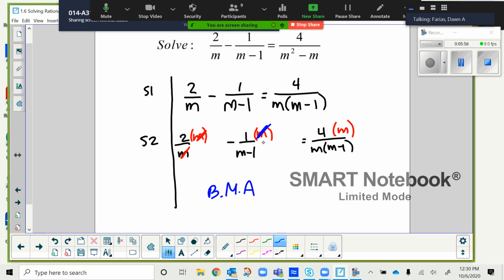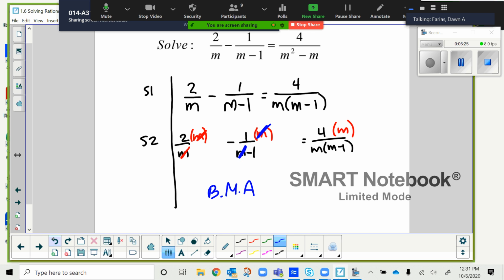This m does not cancel out this m. The reason is because you can only cancel out factors, meaning you can only cancel out stuff that's being multiplied. But this m right here is being added to a -1, not multiplied by a -1. So that red m does not cancel out that m on the bottom.